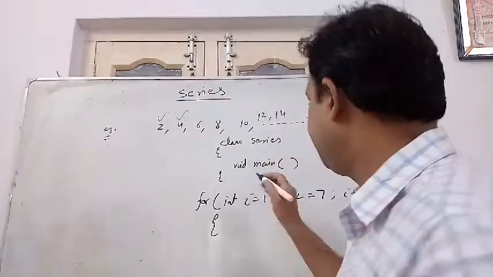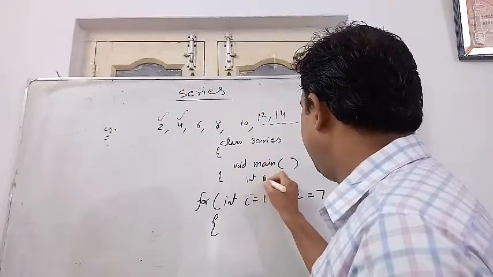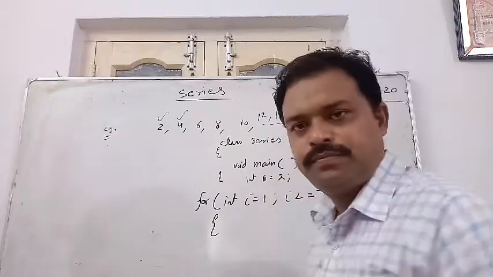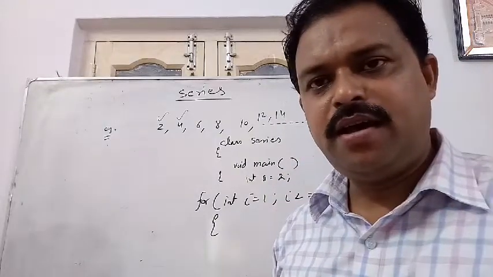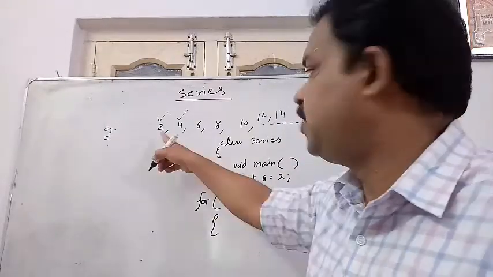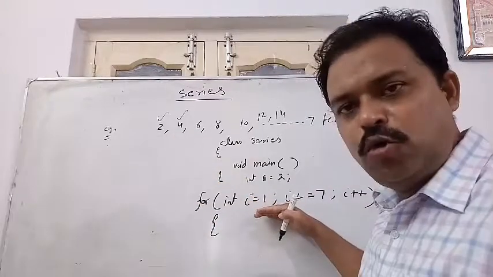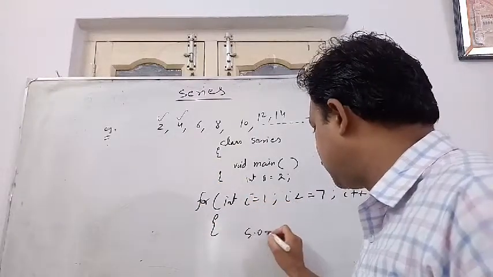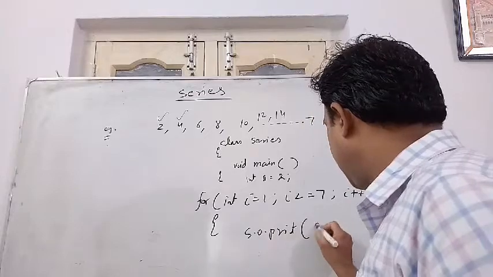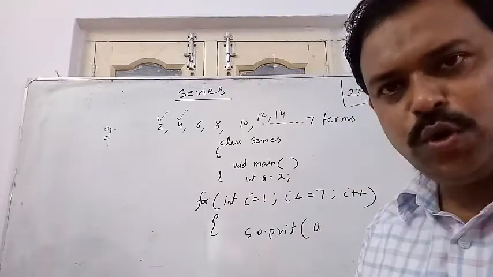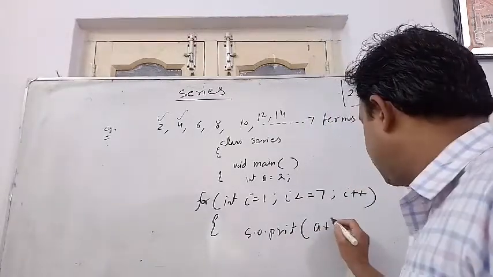Take a third variable to manage all these values. In the beginning itself, in a variable A I will take the value 2, because the first value is 2. The moment the loop starts, I will write System.out.print A, so 2 you will get on the screen, plus put a comma here.